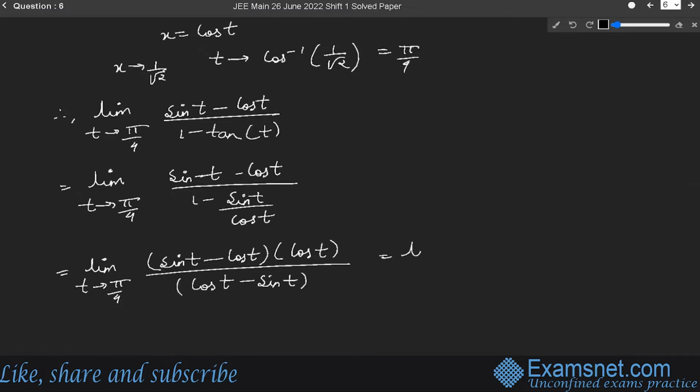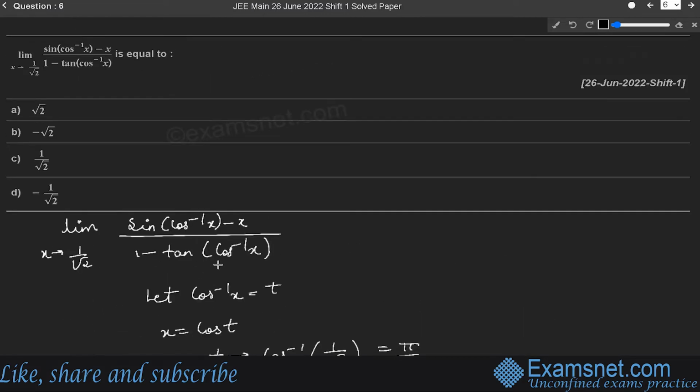So this will be equal to limit t tends to pi by 4 of minus cos t. So it will be equal to minus of limit t tends to pi by 4 of cos t, which will be equal to minus 1 upon root 2. Hence, we can say that the correct answer for this question is option number D, minus 1 upon root 2.